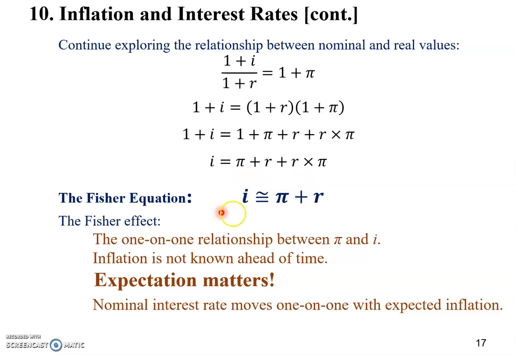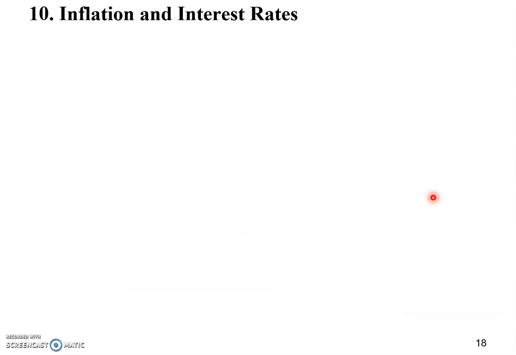We get this simplified version of the Fisher equation for normal periods of time, when the economy is doing well, when nothing extremely bad happens to overall price levels. Unless we have to go back and use the complete version of the equation. Now, in the next video, we're going to start checking out the empirical evidence for the Fisher equation.